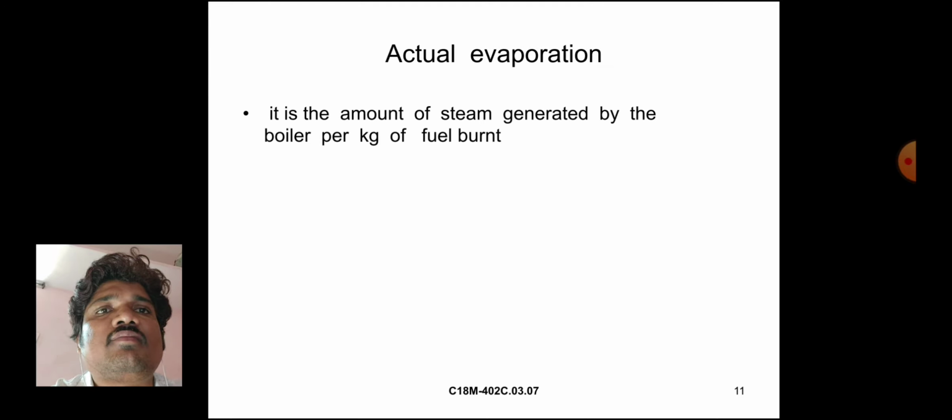Actual evaporation is the amount of steam generated by the boiler per kg of fuel burnt. If 1 kg of fuel is burned, how much steam is generated by the boiler? This is called actual evaporation.